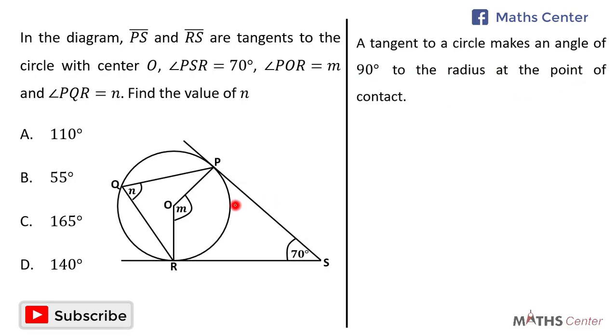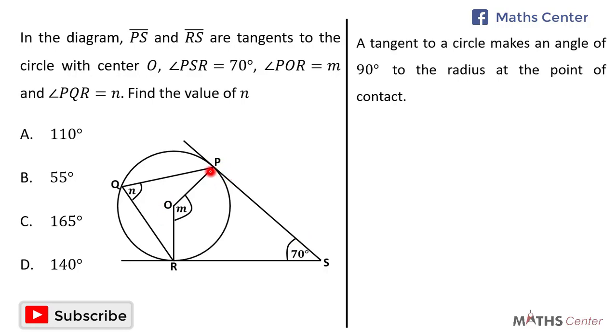On this diagram, we have two tangents to the circle. We have PS and RS. The theorem says that at the point of contact, the angle between the tangent PS and the radius OP is 90 degrees.